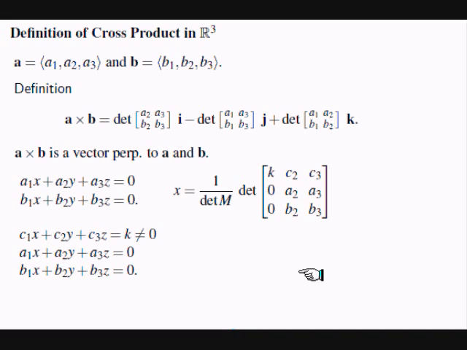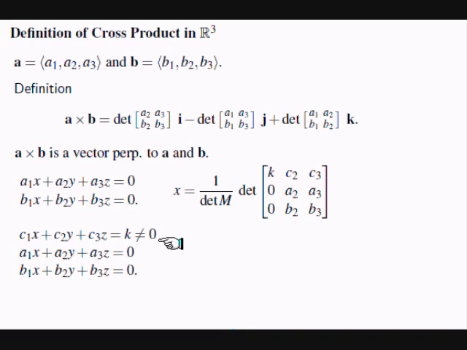So x here is the first component of the unknown vector x, y, z, and Cramer's rule gives the following formula: 1 over the determinant of M, where M is the coefficient matrix of this system of linear equations, multiplied by the determinant of this 3 by 3 matrix, which is almost the same as M, except the first column is replaced by the column across the equal symbol of this system, k, 0, 0.